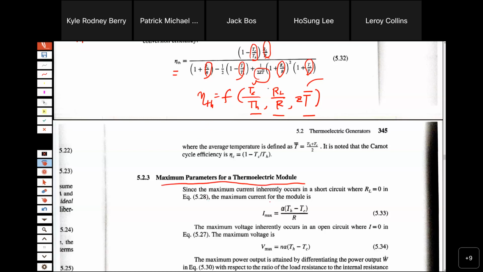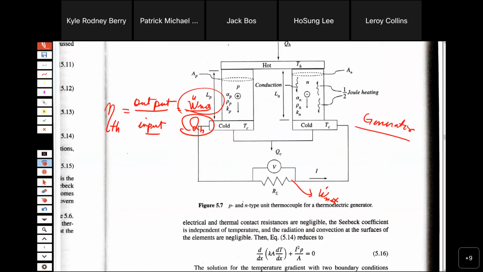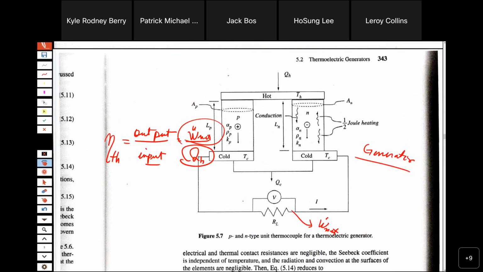What would be the maximum current conceptually in this situation? In this situation, what would be the maximum current? Anyone? Possible?